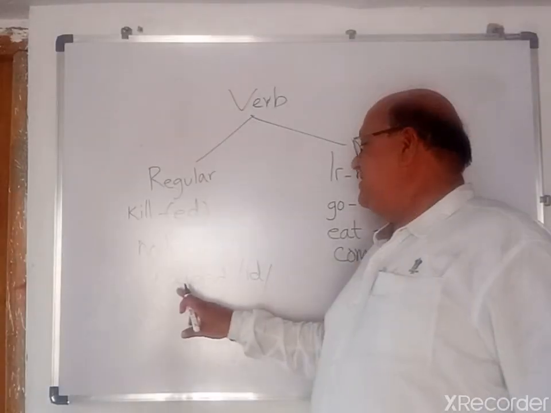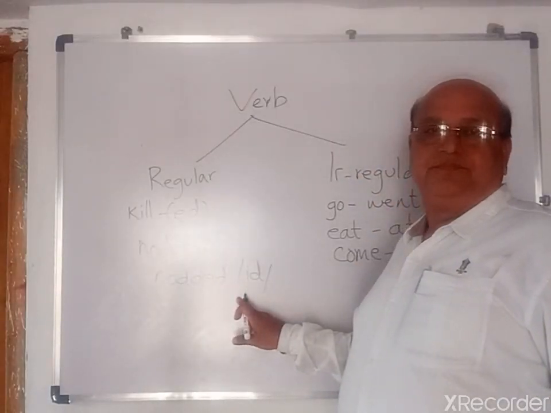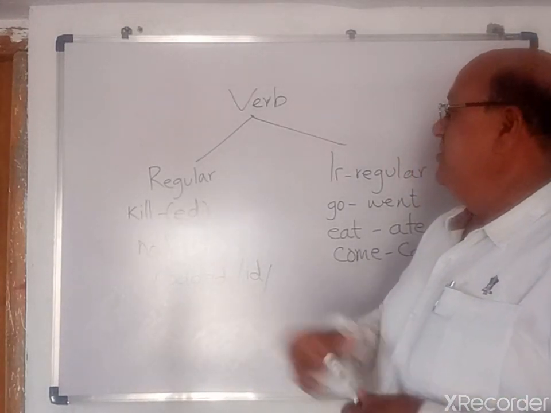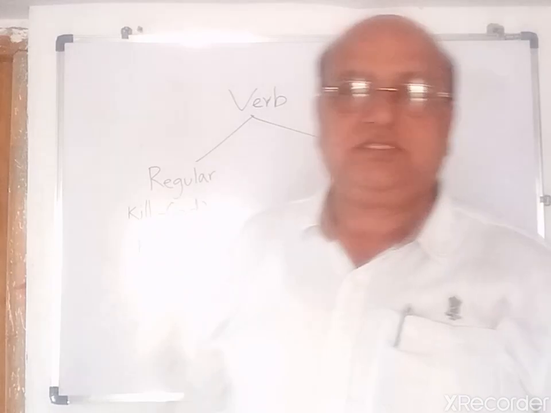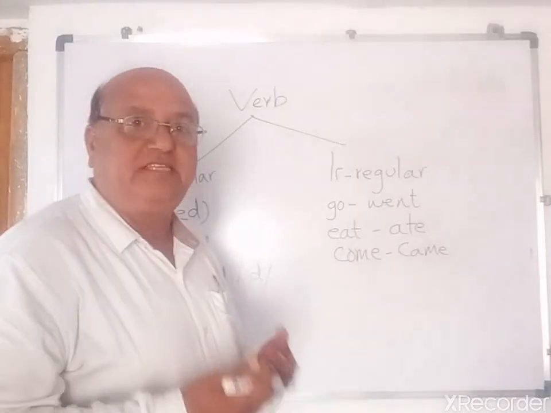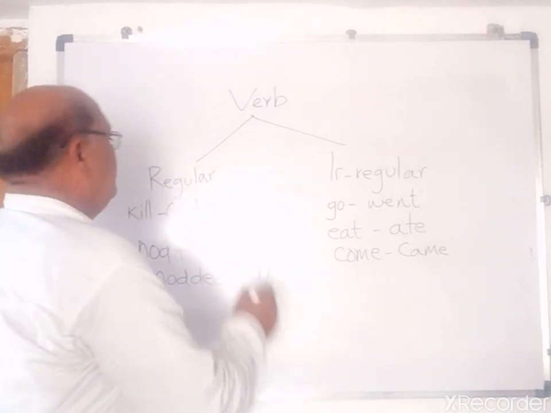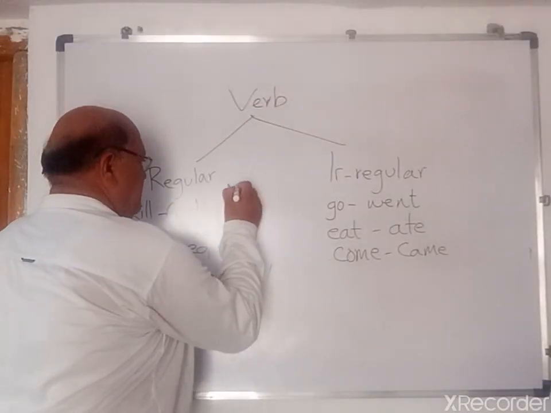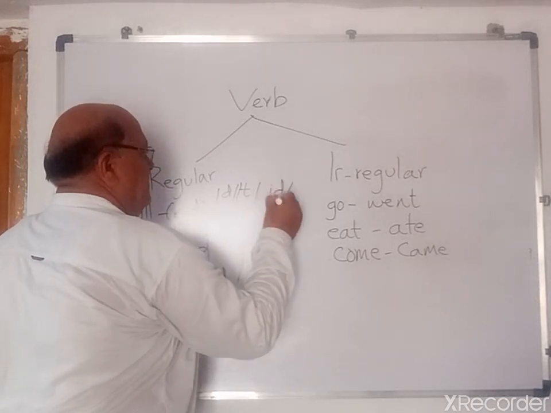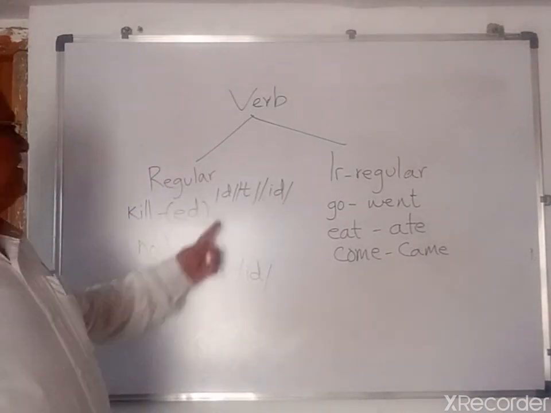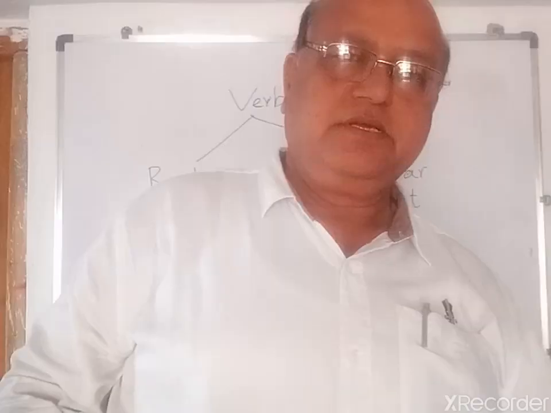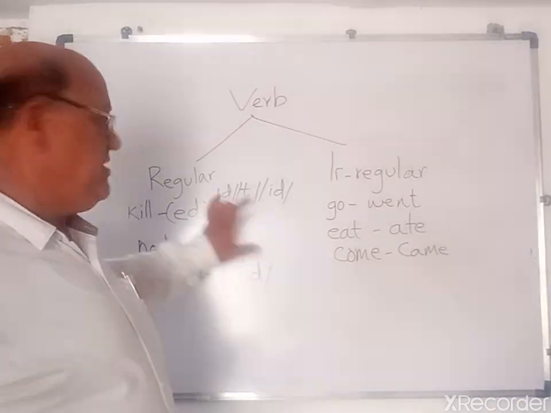We have to say this as nodded in spoken English. So when we use regular verbs, we have three types of differences: the d sound, the t sound, and the id sound. Clear? Okay, we have nothing more to do with this.